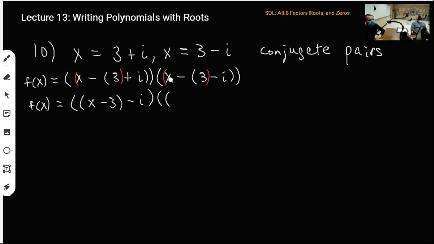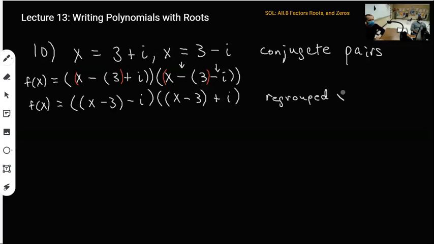Over here, I'm going to put the x with the minus 3. But if I transfer the negative to a minus i, that's going to multiply to give me a positive i, because these two negative signs right here are going to cancel each other. So all I did was regroup.